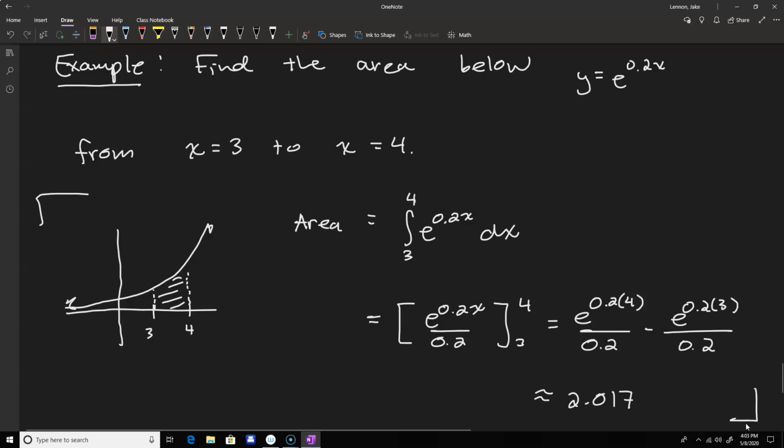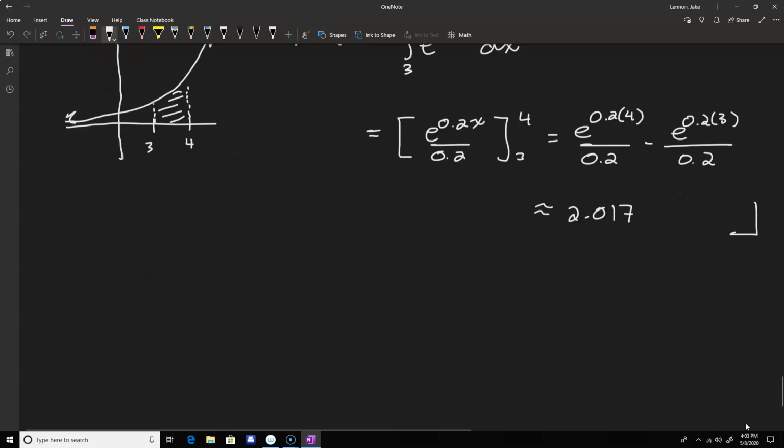And you can even use these things to find areas between curves, and that relates to some of the linear principles that we talked about before for the integral. So let's do one last example.